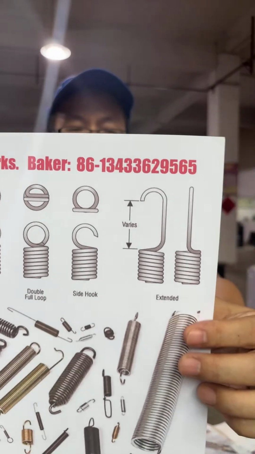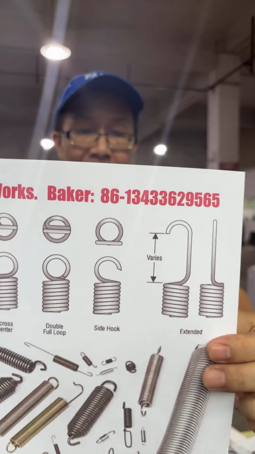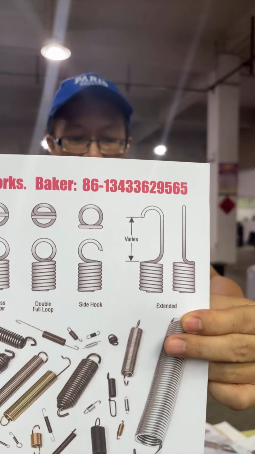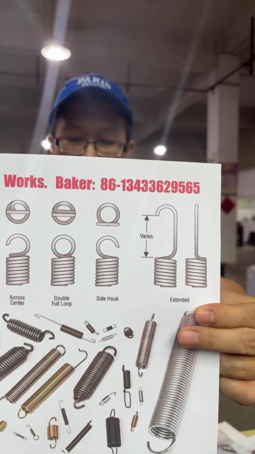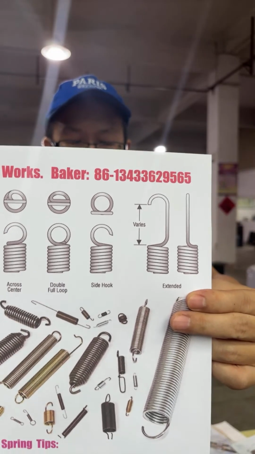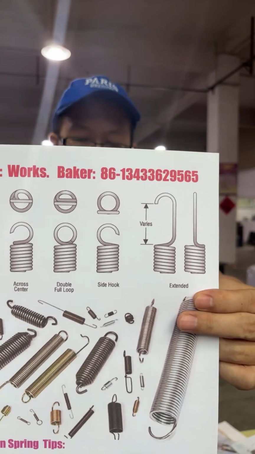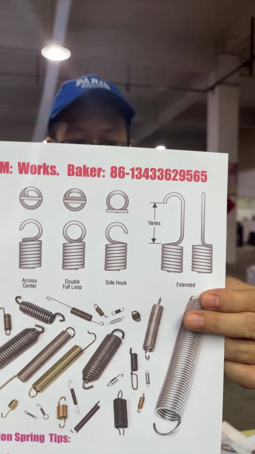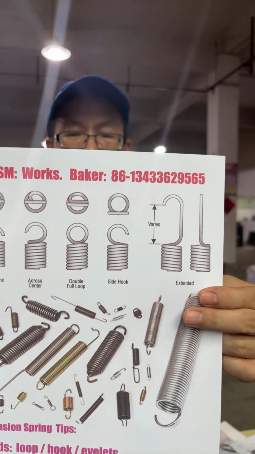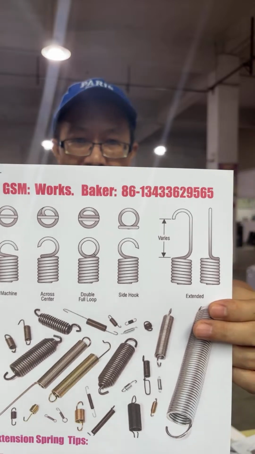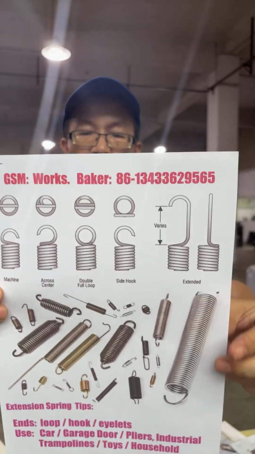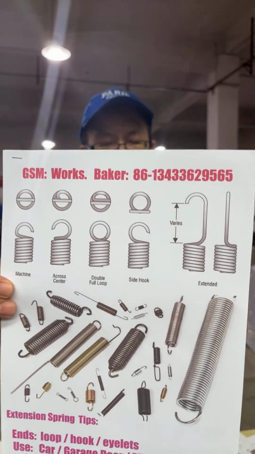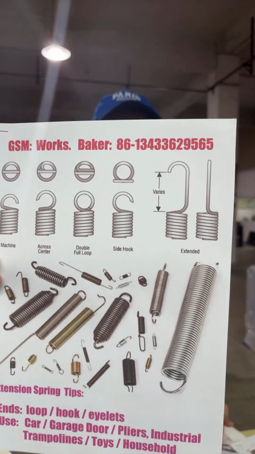Firstly, the different ends: end loops, twisted loops, hooks, complete hooks or semi-hooks, eyelets, and also extended long hooks. So there are many varieties of extension springs.